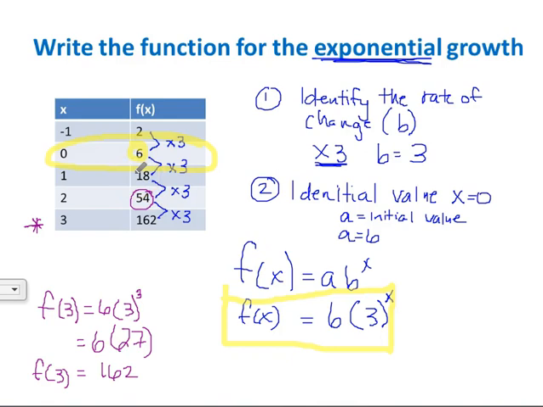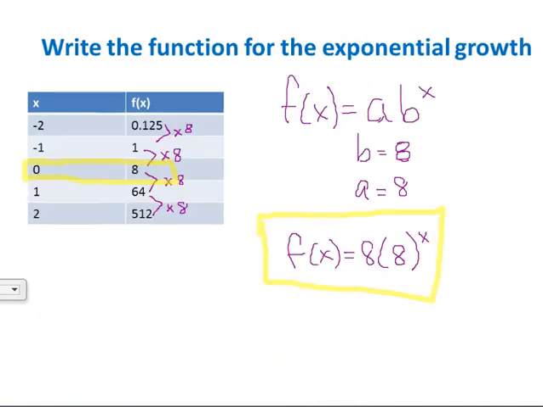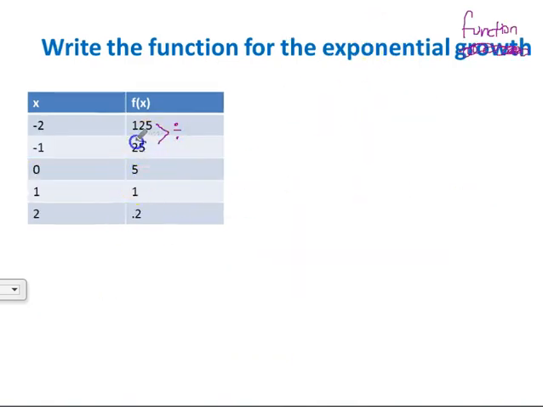So if we take 15 and divide it by 18, we get 3. So if we take a number and divide it by the previous term, in this case we would do 25 divided by 125, because that's going to show us the multiple.